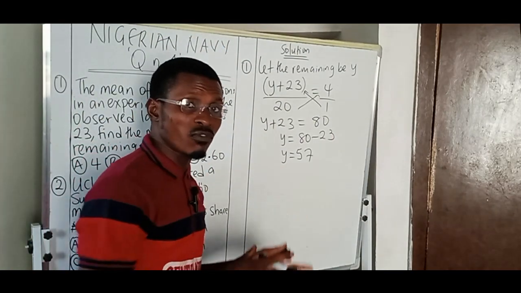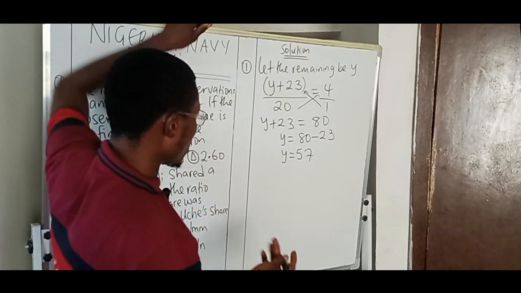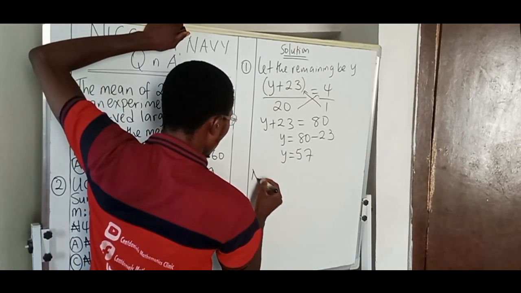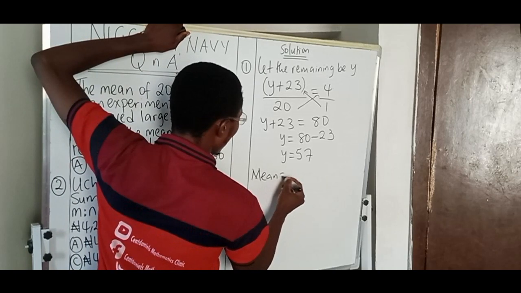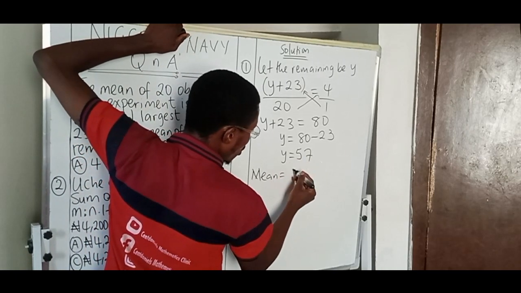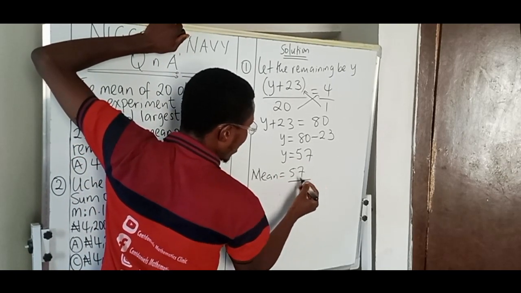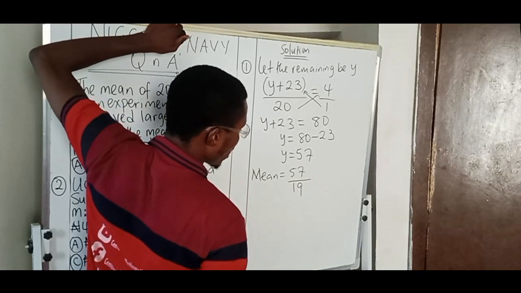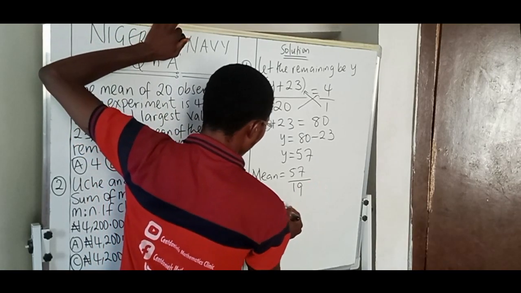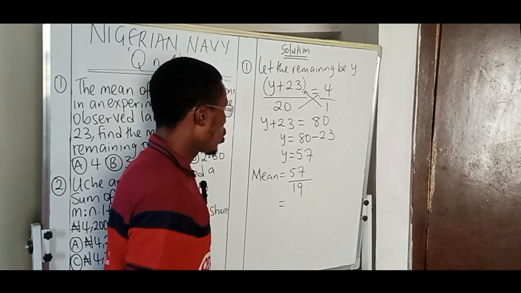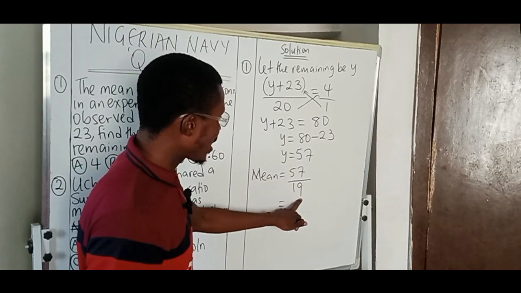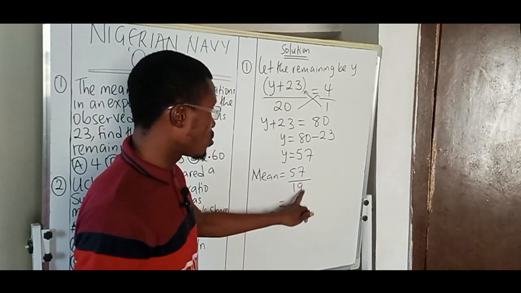Okay, so what is the mean of this now? Remember, mean is the sum of the values over the number of values added. So the mean of the remaining observation will be equal to the sum, which is 57, over 19. And what will this give us? 19 into 57. What will we multiply by 9 to give a number that ends with 7? 3.